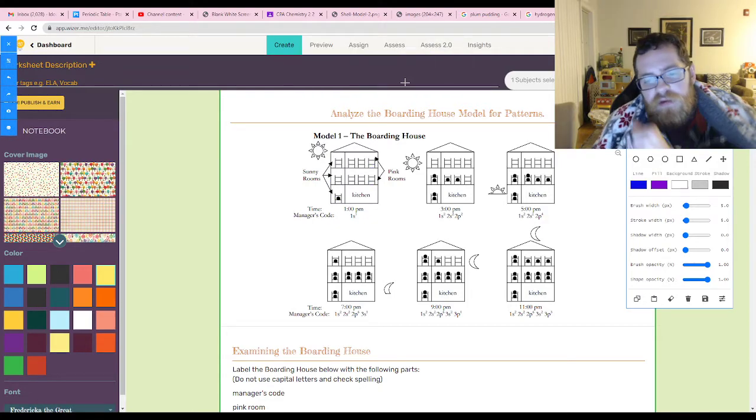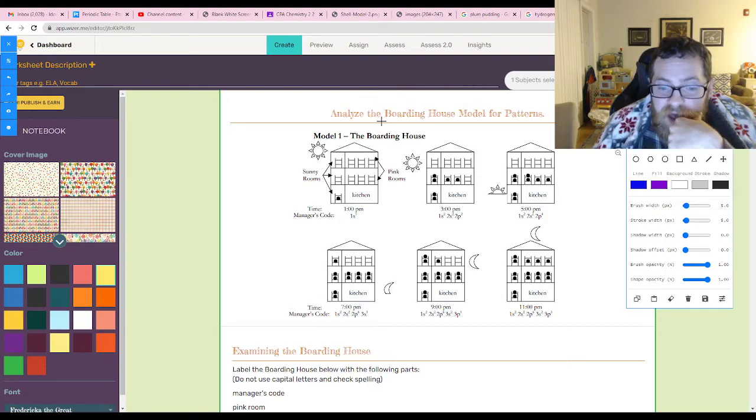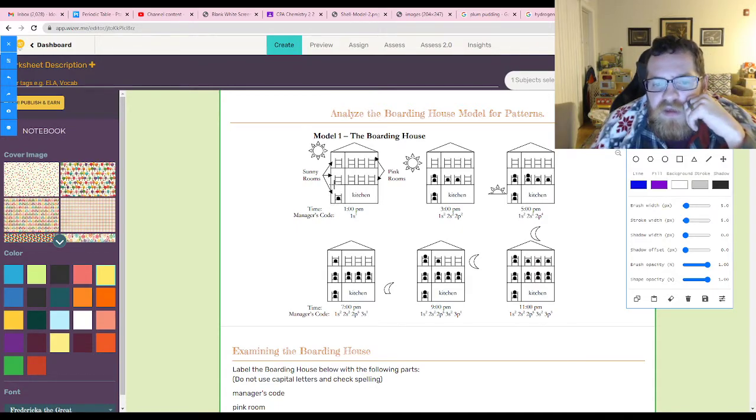It gives different definitions of how to look at all of these. So, for example, they call these the sunny rooms, as they get the sunshine in the morning, and then it's describing these as the pink rooms, probably pink with wallpaper, not getting the sunlight.